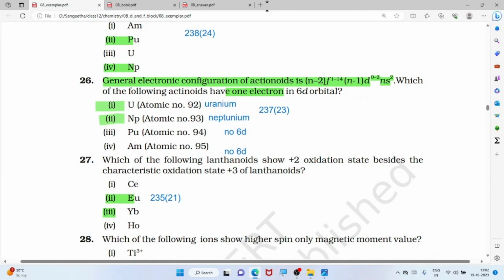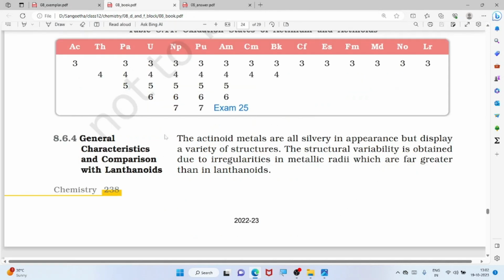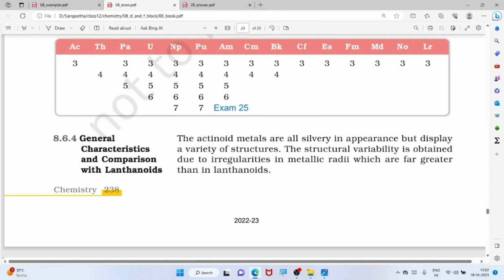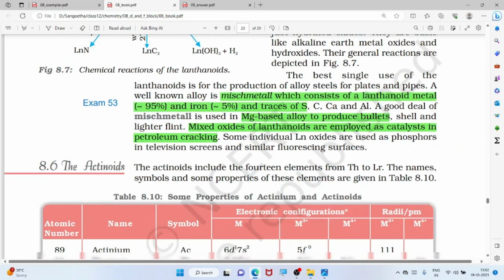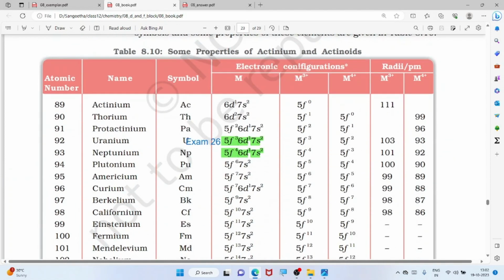General electronic configuration: which of the following has one electron in the 6d? Uranium and neptunium. See here, one electron in the 6d.